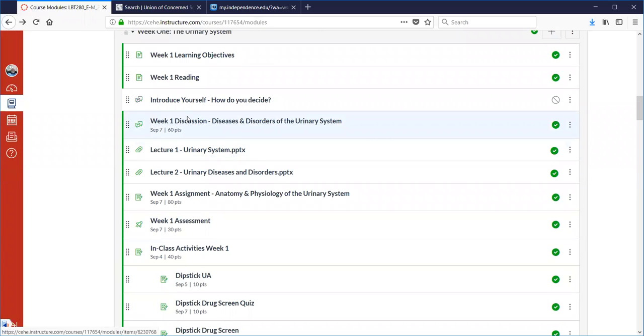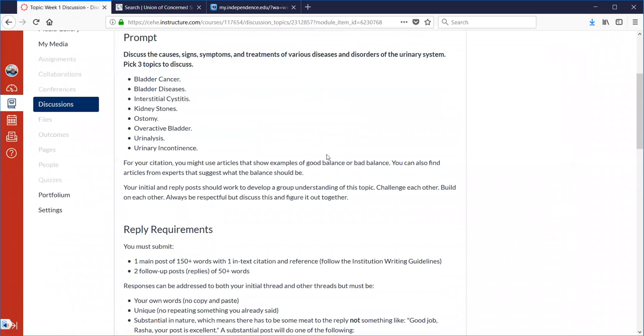Let's look at the discussion here. You can get thinking about this. We're looking at various diseases and disorders.